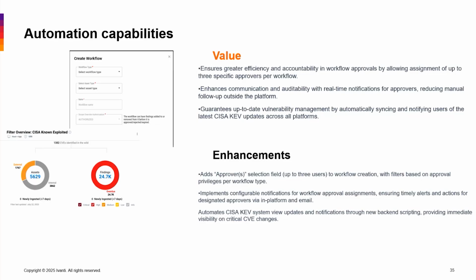Now, again from the efficiency point of view, we automated this, meaning whenever CISA publishes new KEVs, the system view gets automatically updated due to this enhancement, without any manual intervention. So the benefit to the user is, as soon as CISA publishes the KEVs, they immediately get to see them in RBBM's system view. That's about it.